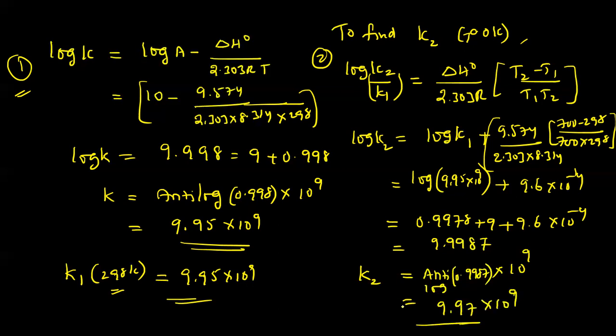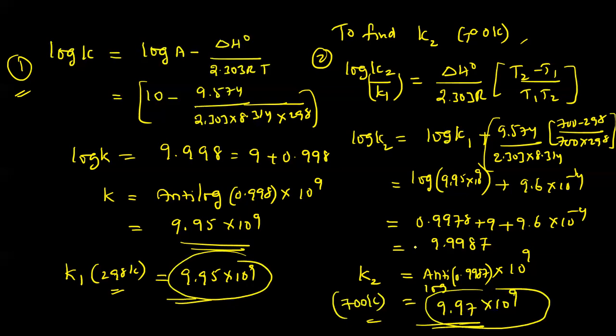So the final answer for the second equilibrium constant K2, calculated at 700 Kelvin, is this. So these are the two values we got from the problem. K1 is 9.95 into 10 to the power of 9, and K2 is 9.97 into 10 power 9.